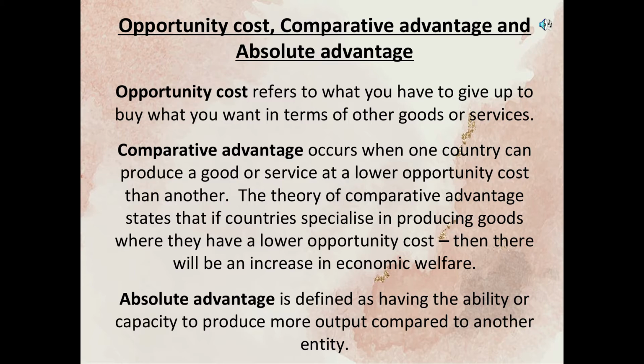Imagine, Italy can produce sports cars and quality cars better than Japan, since they have more resources, manpower, capital, and materials to produce such cars. So that means Italy has the absolute advantage.